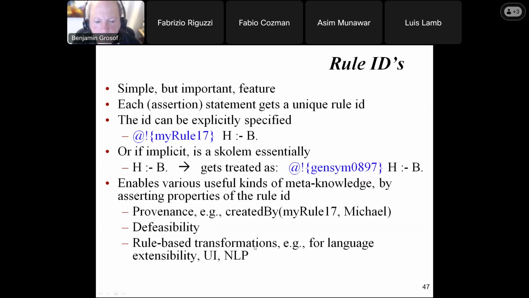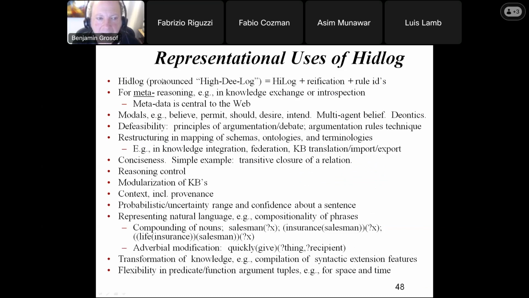Other kinds of rule-based transformations as well. So to be able to do essentially meta-programming at the logical level within a given KR. And that's useful for language extensibility, UI, NLP, explanation generation, and many other purposes in AI. So we'll call HiDLog the combination of HiLog, reification, and rule IDs.